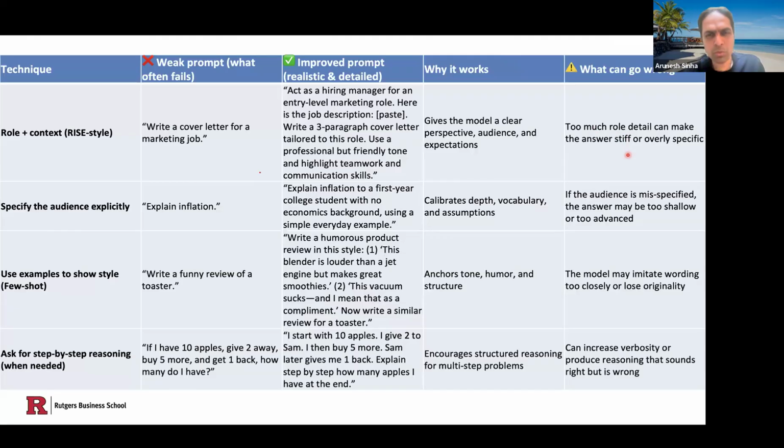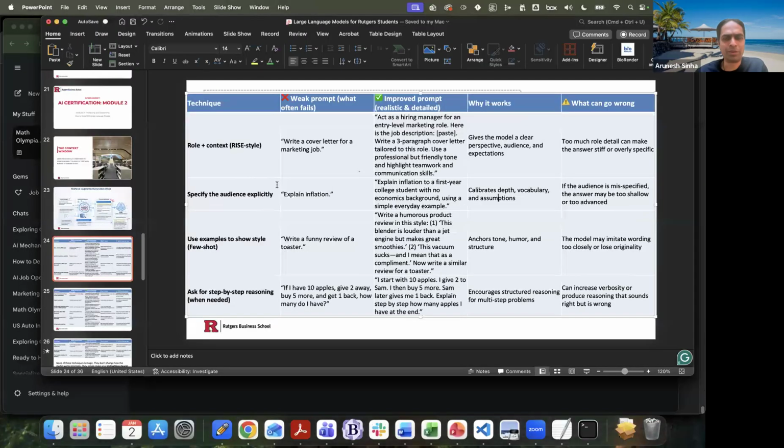So what we are going to do now is explore these prompts one by one, the weak version and the improved version. For that, I'll have to go back to the Gemini tool. So the first technique here is one where there is a role, an instruction, some steps and some expectation.